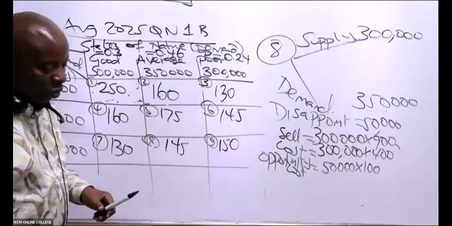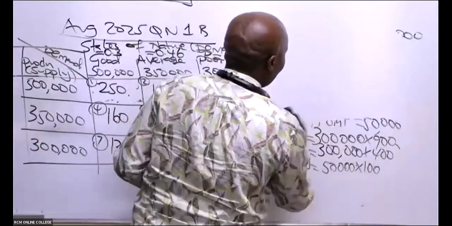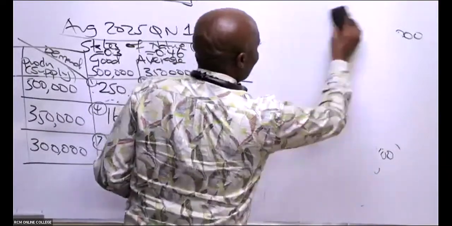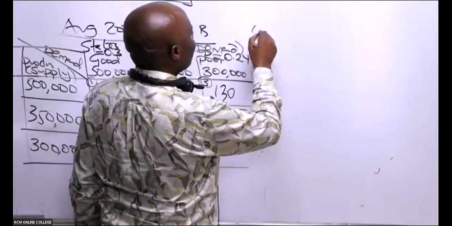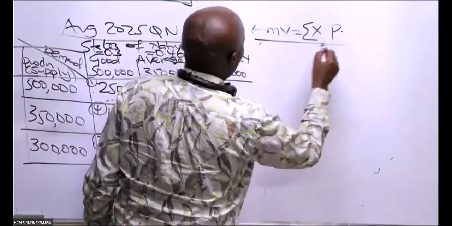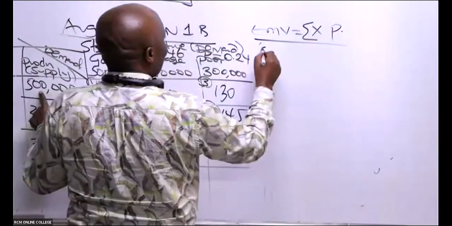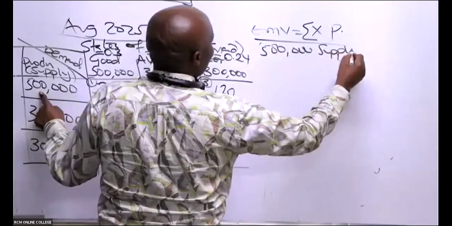So now we can easily go and get expected monetary value, which is X times P. We have first the supply of 500,000.